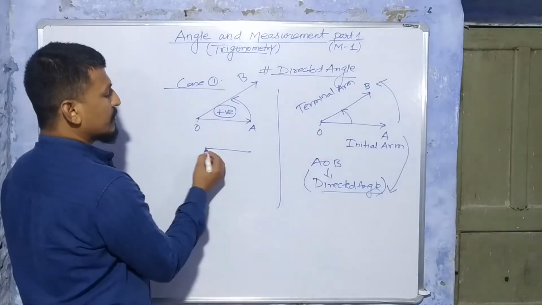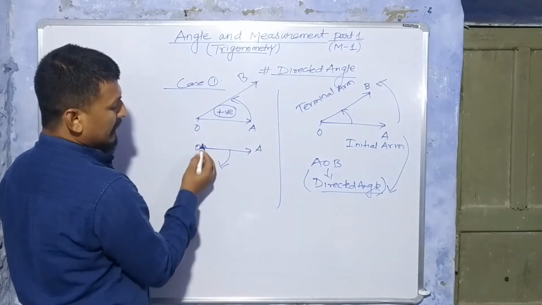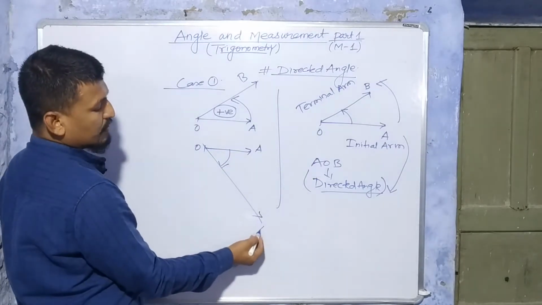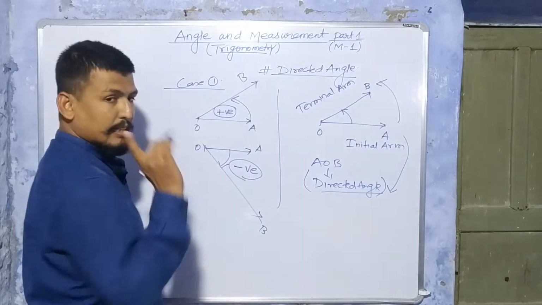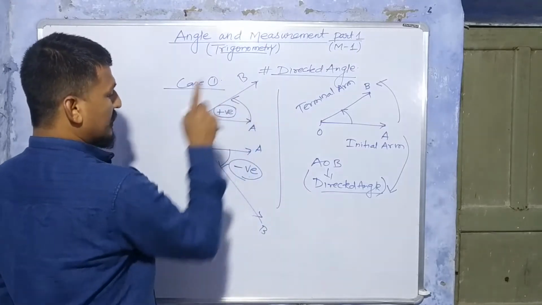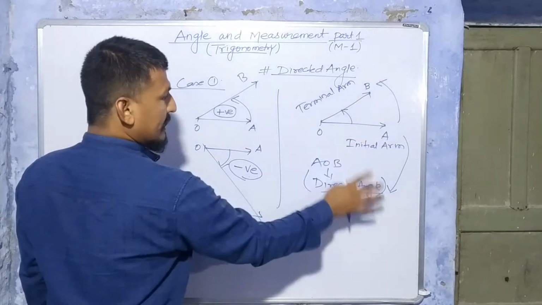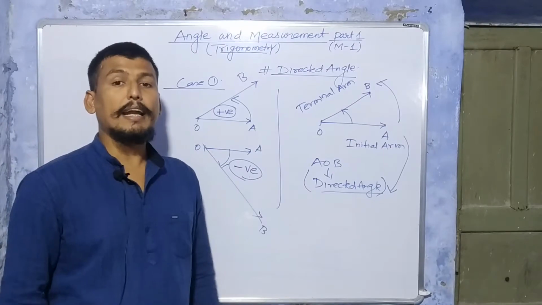And if this is OA and it is rotated clockwise, suppose this is B, then this is taken as negative, right? So this one is taken as positive, this one is taken as negative. OA is the initial arm, OB is the terminal arm, and this is the concept of directed angle.